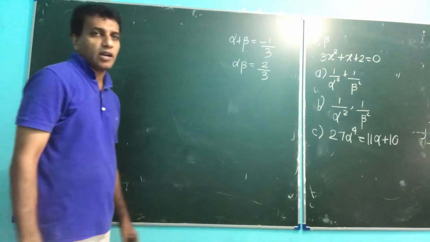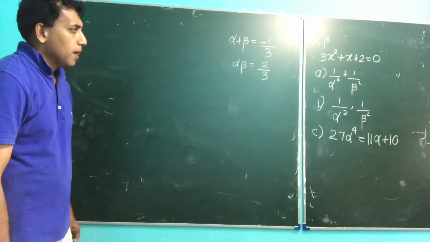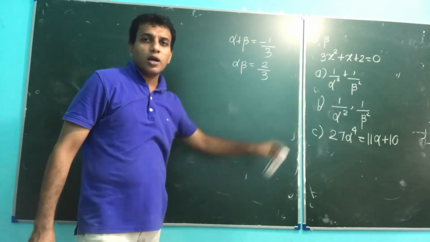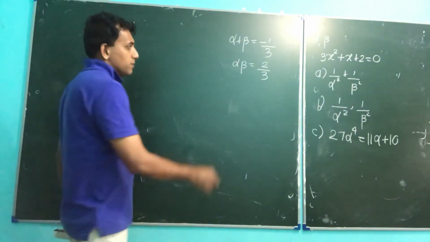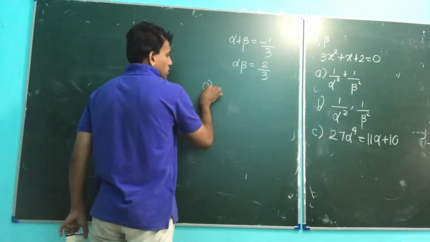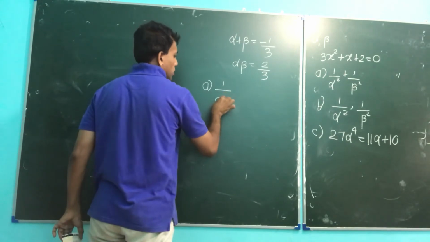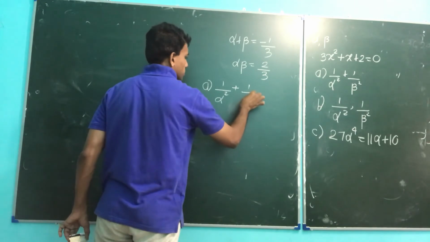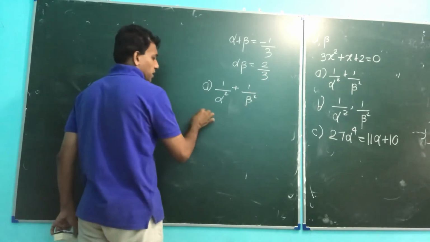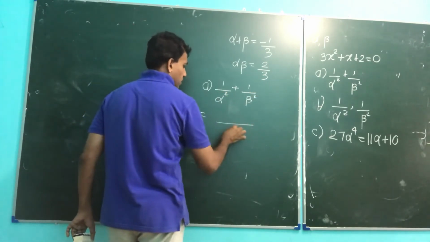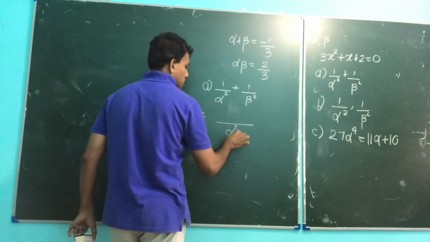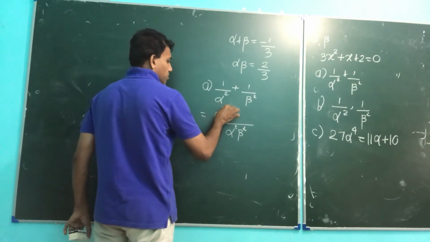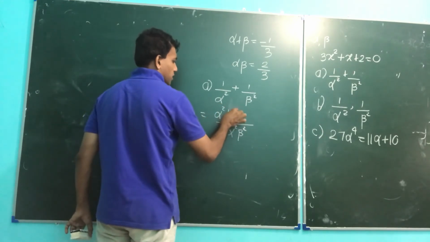Therefore your first part question, 1 over alpha squared plus 1 over beta squared. Simplify using the LCM, a familiar work: alpha squared plus beta squared over alpha beta all squared.